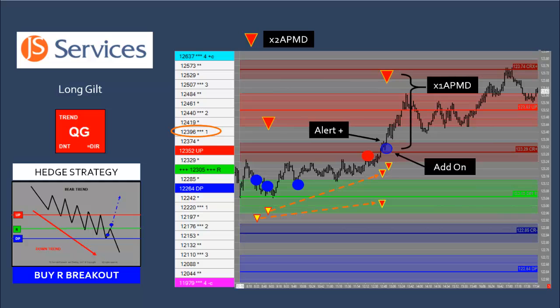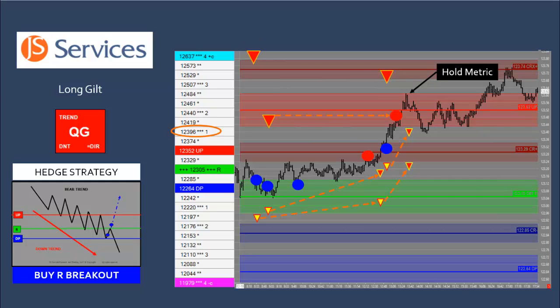After the CR plus VIR is breached, it's a fresh positive signal for an add-on trade to the original position for a 1 unit targeting a full APMD and using a stop below the CR plus VIR metric and adjusting the original stops up. As the market continues higher, the original 1 APMD limit is filled.